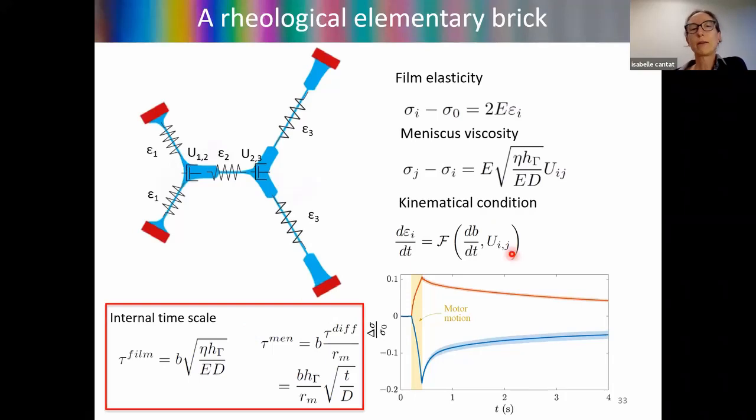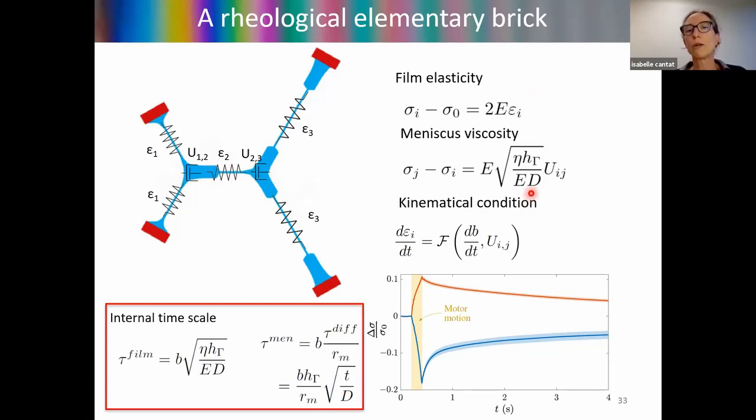So now what did we get? Can we, with these two relationships relating tension and film extension, and tension difference to velocity transfer, predict the global behavior of our 5-film system? So the schematic representation is this one. We have a spring on each film and a viscous dashpot on each meniscus.